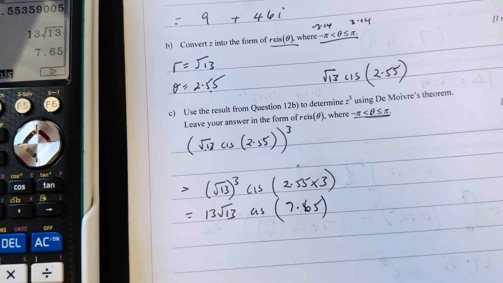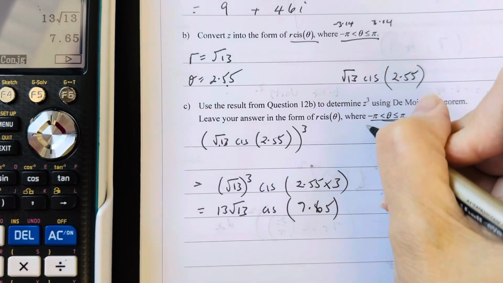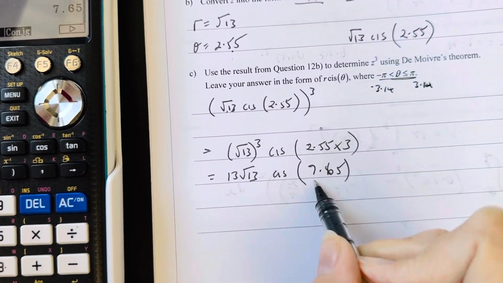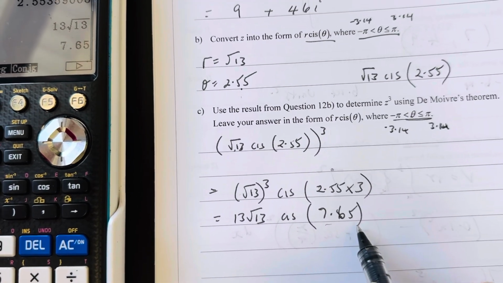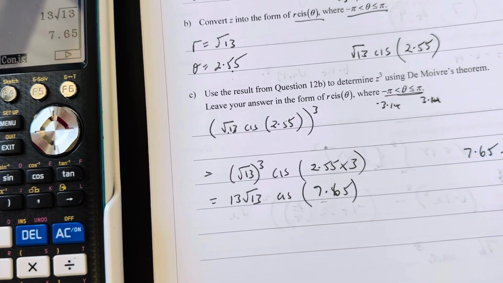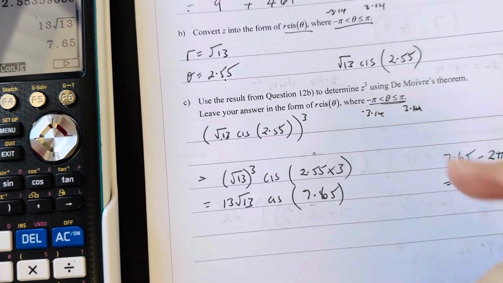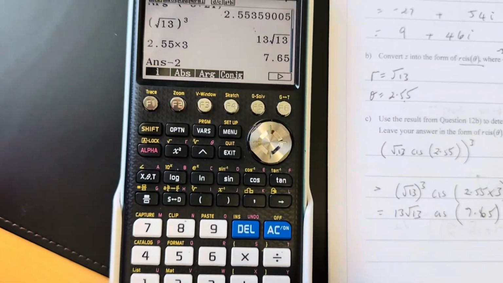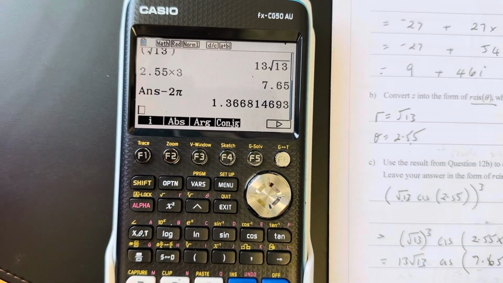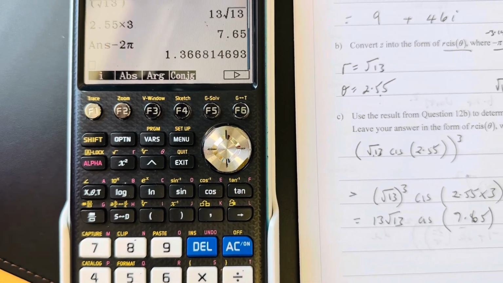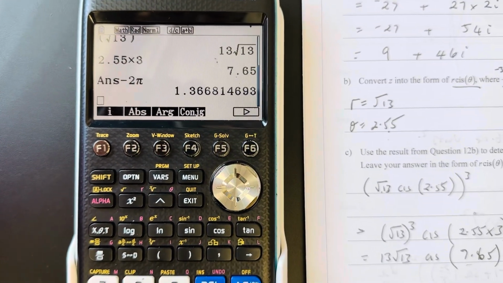Good on us. But checking our domain, this is negative 3.14, this is 3.14, 7.65 is outside of that. So I'm just going to go 7.65, take 2 pi. Just take away a revolution. So if I take away 2 pi, I get 1.367.